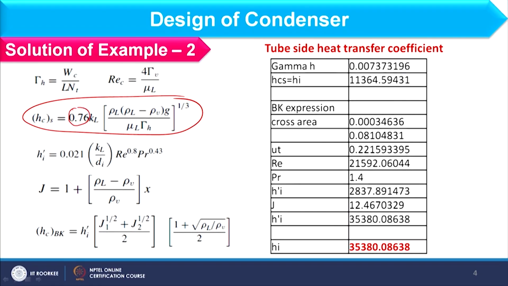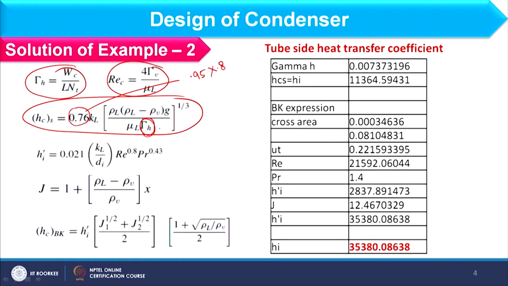So, here 0.76, that we can simply obtain by multiplying 0.95 with 0.8, okay, and other properties are given to us. Gamma H is given as the tube loading, and that you can find out considering effective length using this expression, right. And Reynolds number we can find using this expression, and wherever this Reynolds number will be used, that we will see. Okay. So, first see the stratified flow and the corresponding correlation, right.